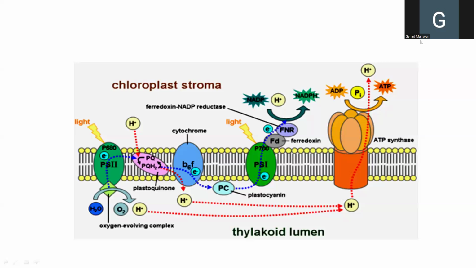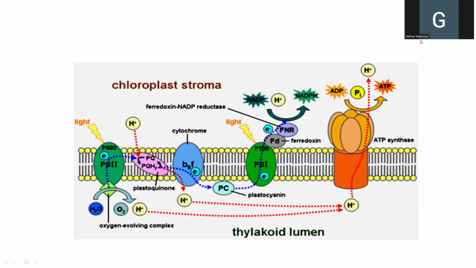Then the electrons from photosystem 2 will be received by photosystem 1, which was discovered first but acts next, and this is very important. Both photosystems consist of pigments whose center is chlorophyll A and electron carriers, and at the end of photosystem 1, we will obtain reduced NADP. Let's look at the diagram.